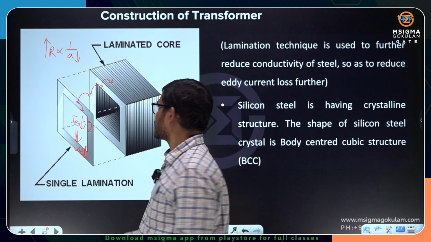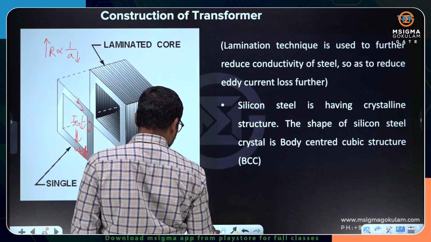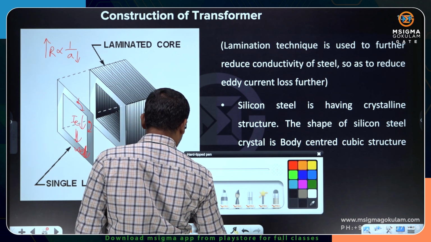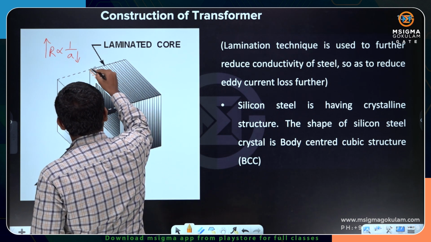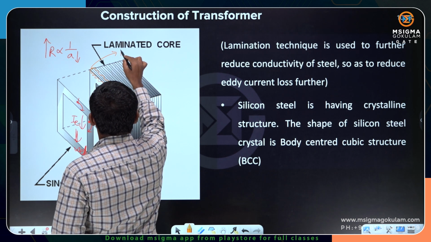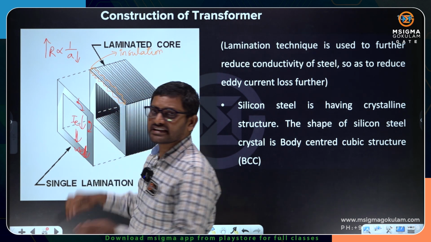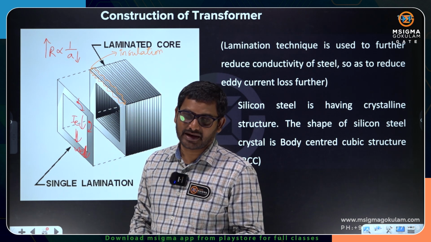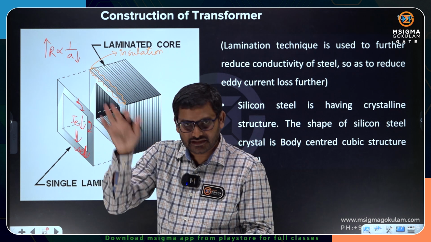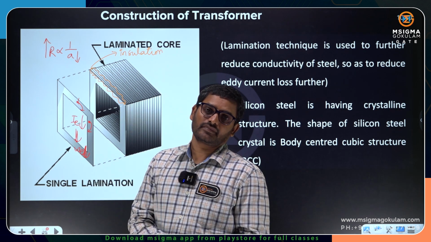To avoid it, what do we do? We use insulation. Between each and every lamination, we will be placing the insulation. What is the insulation? Insulation can be paint, insulation can be paper, insulation can be a varnish coating. It's like a paint only, or otherwise oil.